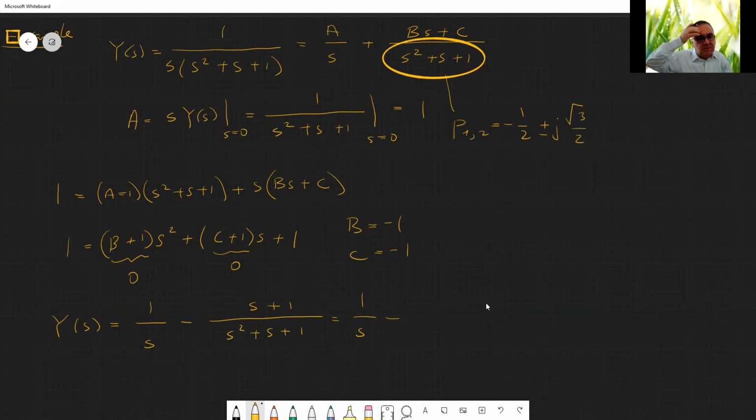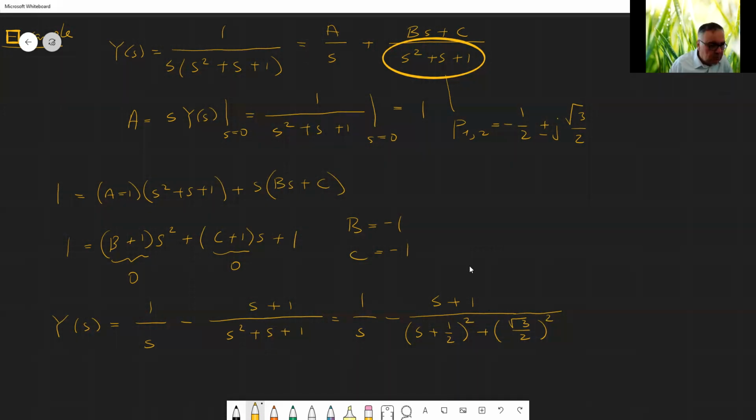It is like cosine and sine 30. So I can write this as (s plus 1 over 2) squared plus (root 3 over 2) squared. It is the same thing. You try it, you will see that it is equal to s squared plus s plus 1.